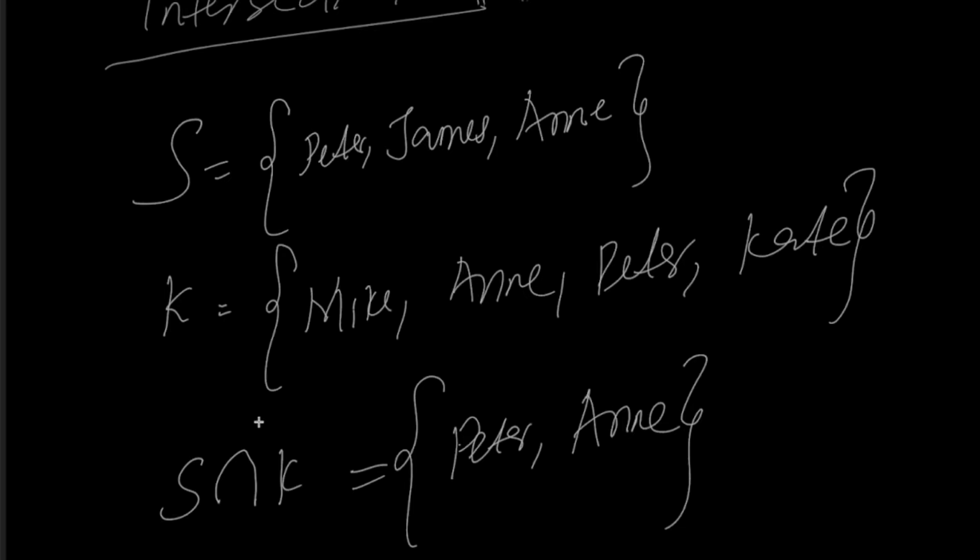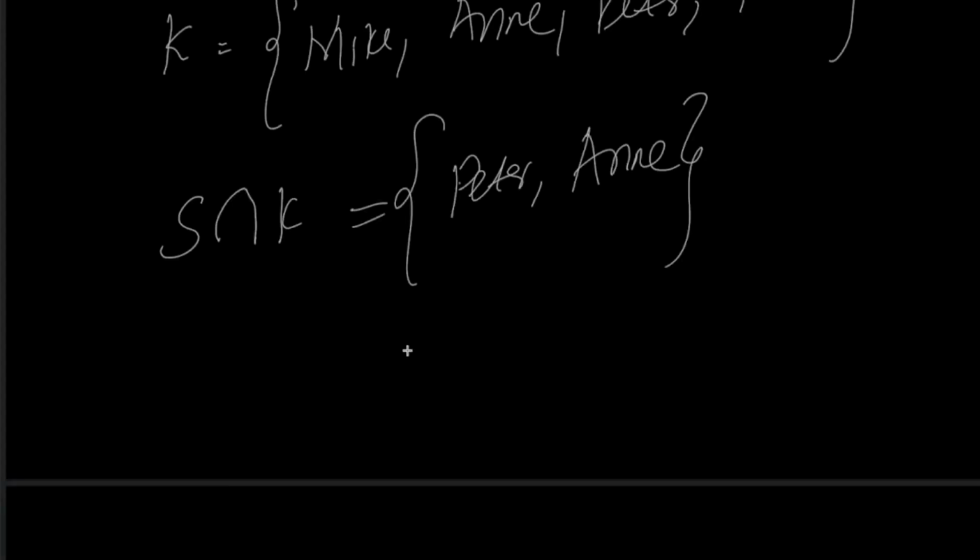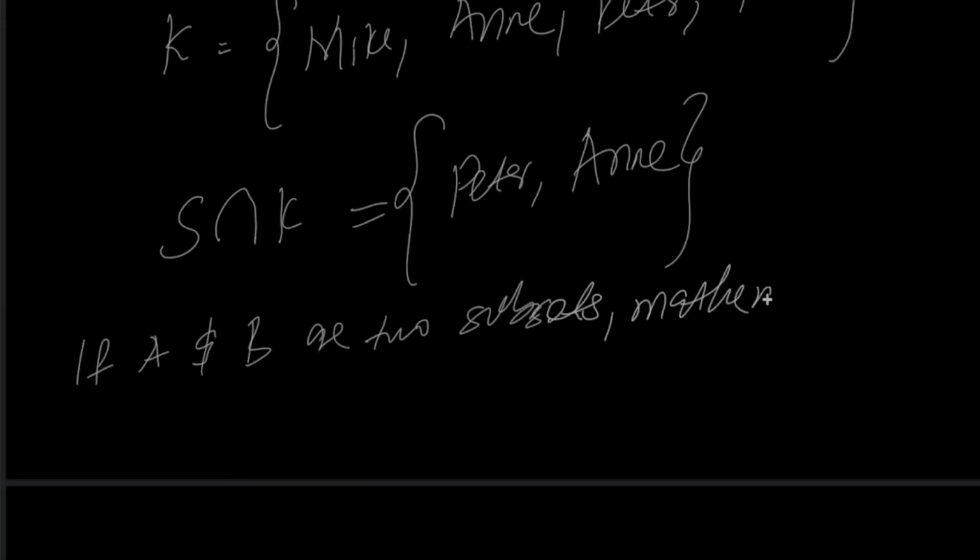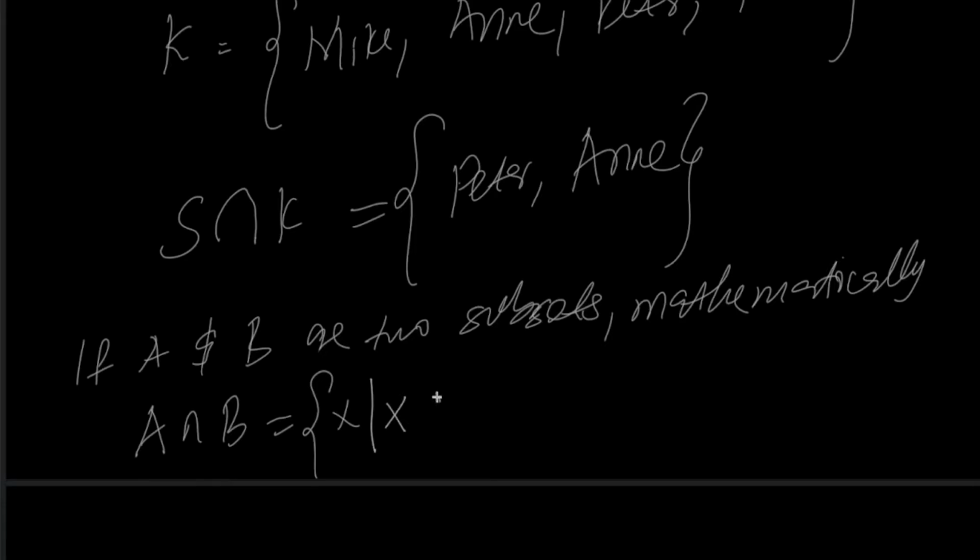In other words, the thing that brings them together, the commonality, what is common among them, is called the intersection of two or more sets. If you want to use set notation for this, if A and B are two subsets, mathematically, A intersect B is equal to x such that x is an element of A and x is an element of B. You agree?